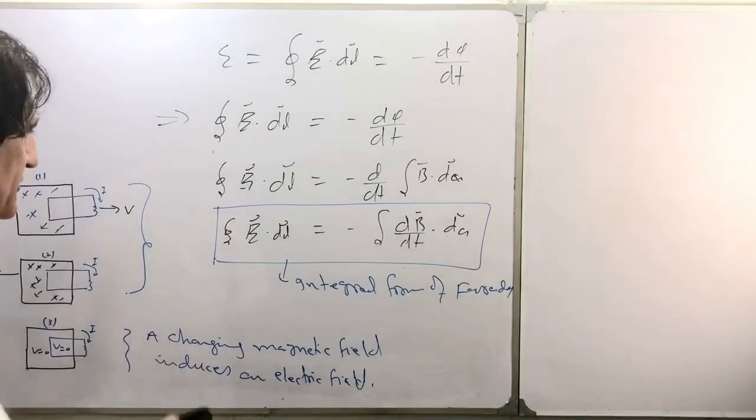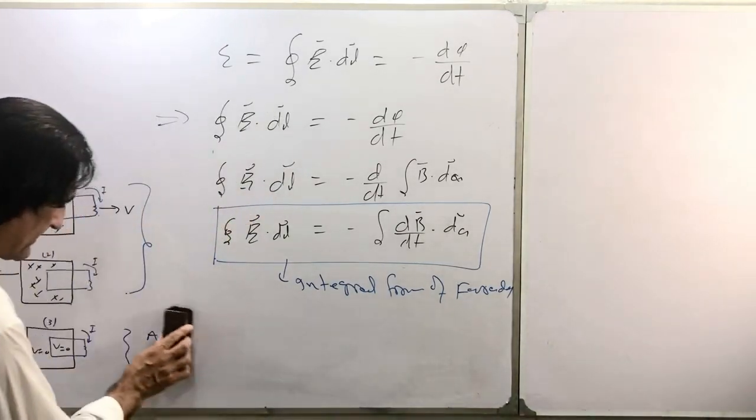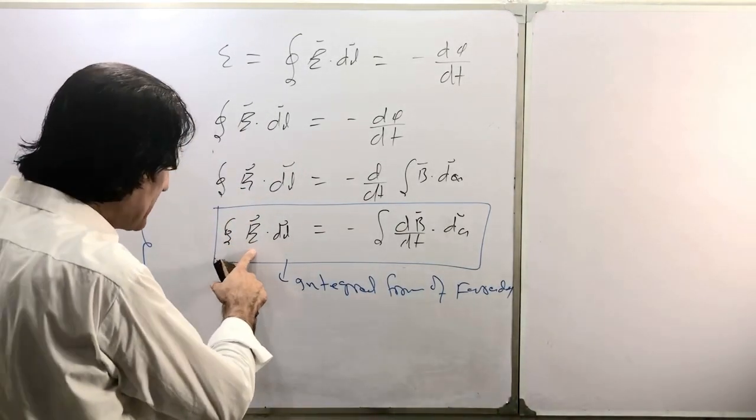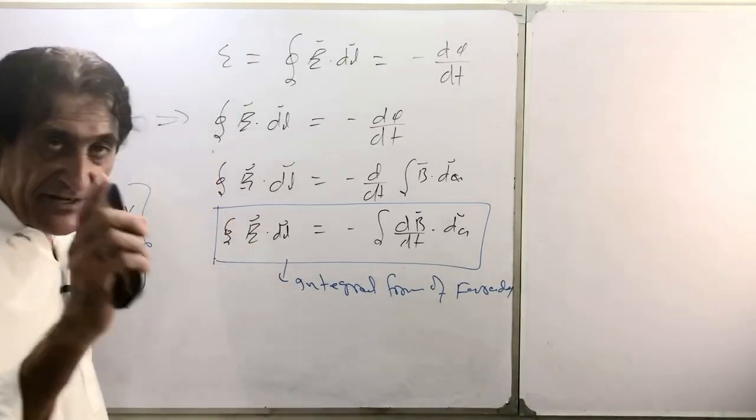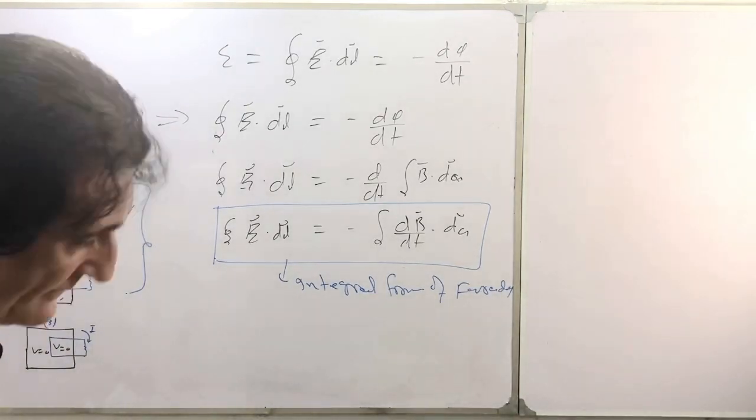Now, using Stokes' theorem, applying it to the left side of this equation, we can get the differential form of Faraday's law.